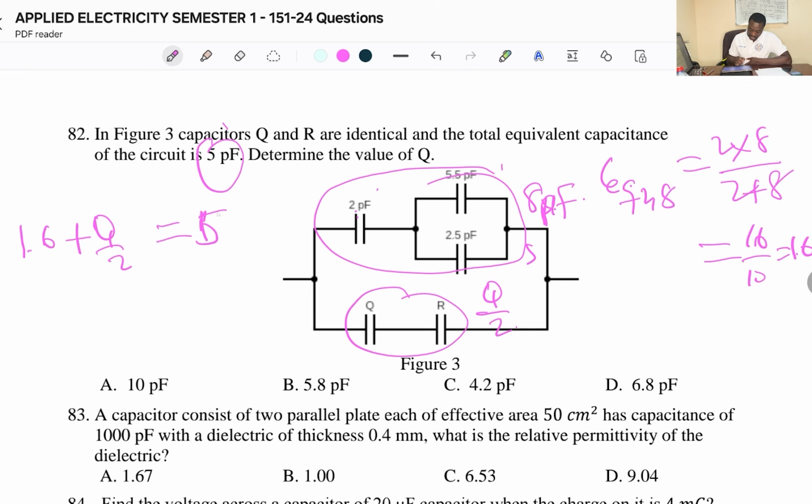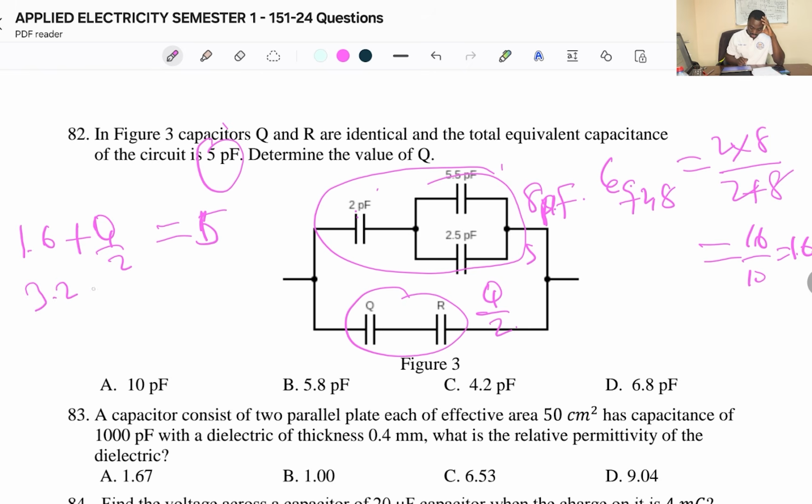So you just make Q the subject. Multiply this by 2, so we have 2 times 1.6, which gives you 3.2, right?